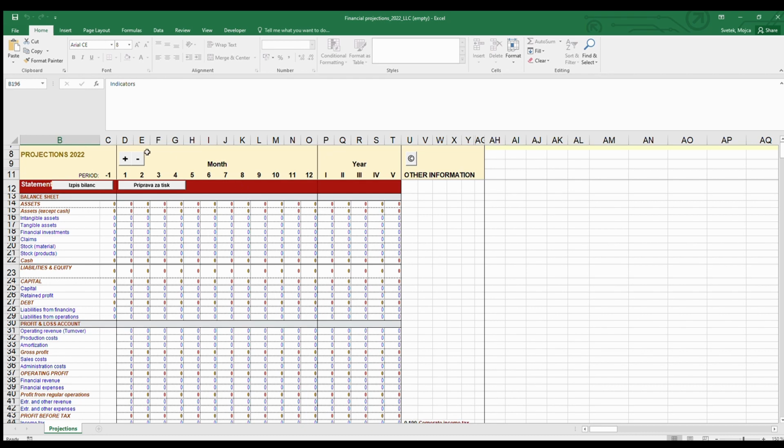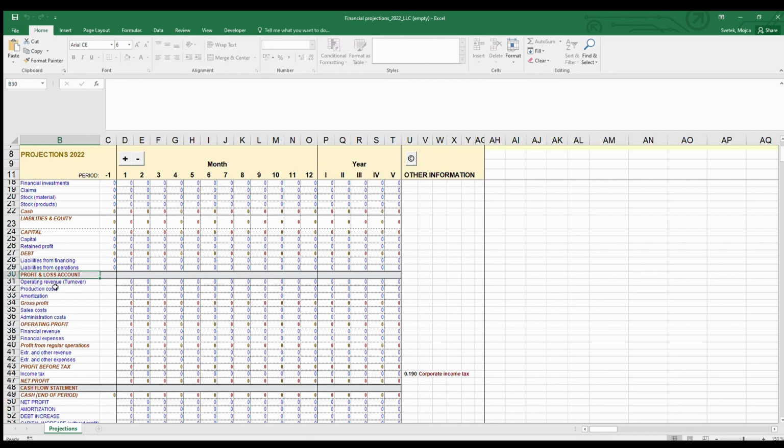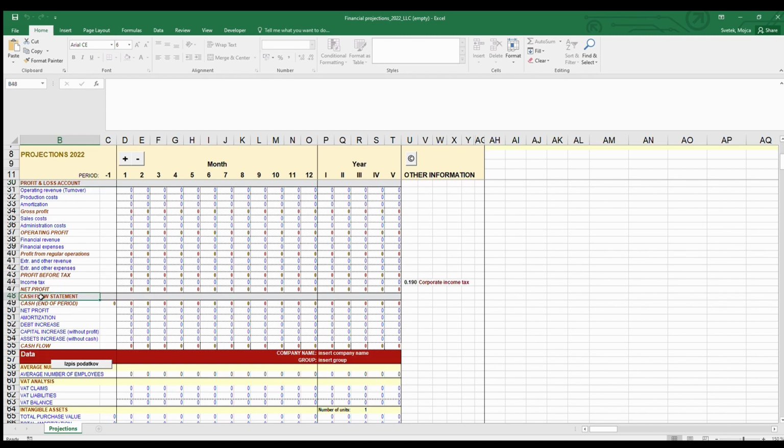The first part of the template consists of the financial statements, which will generate themselves automatically. The cells are in blue and red font, indicating that we should never touch them. The middle part of the template consists of the data.